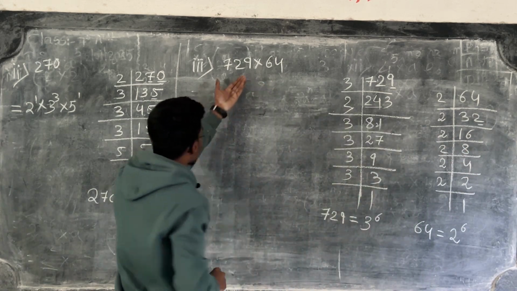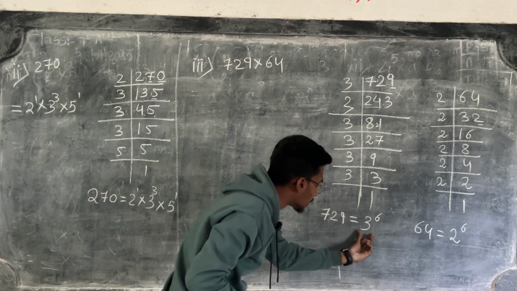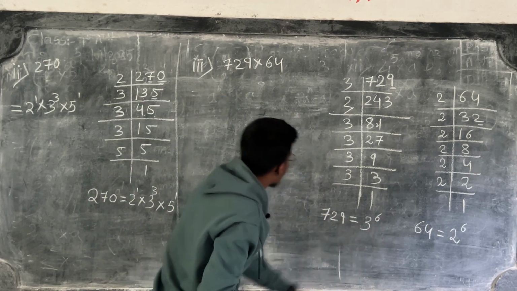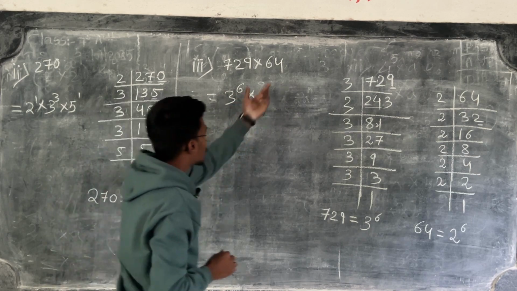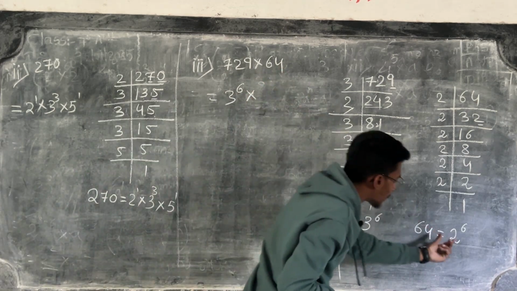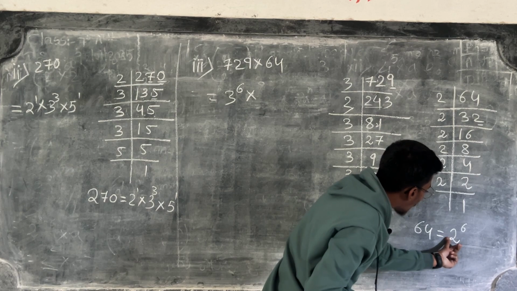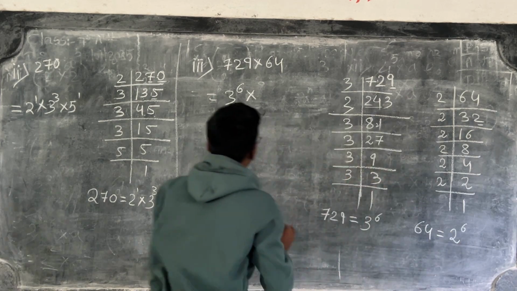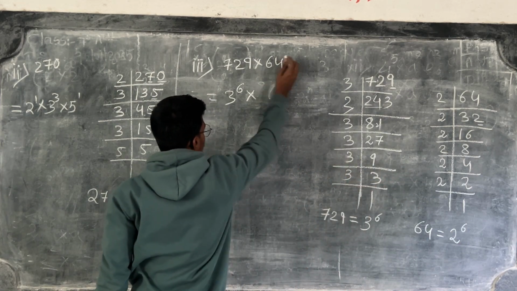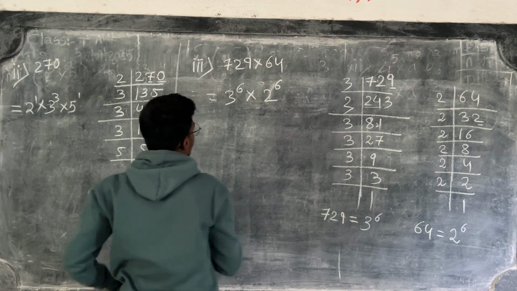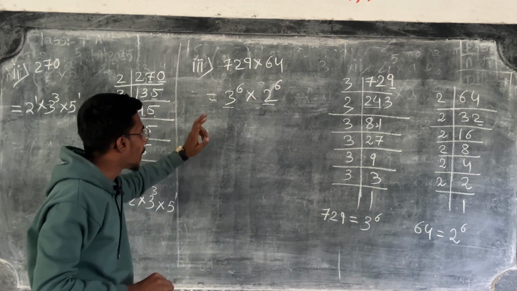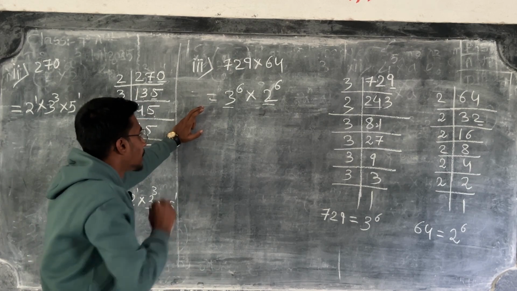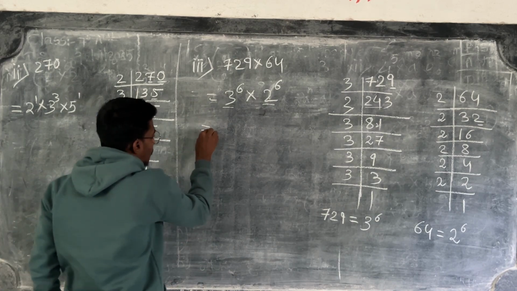In the place of 729, we have to write its factor, that is 3 to the power 6, into, in the place of 64, we have to write the exponent form of 64, that is 2 to the power 6. You can see the base is different but the power is same. If the base is different and the power is same and both are in multiplication, we have to use the fourth identity.